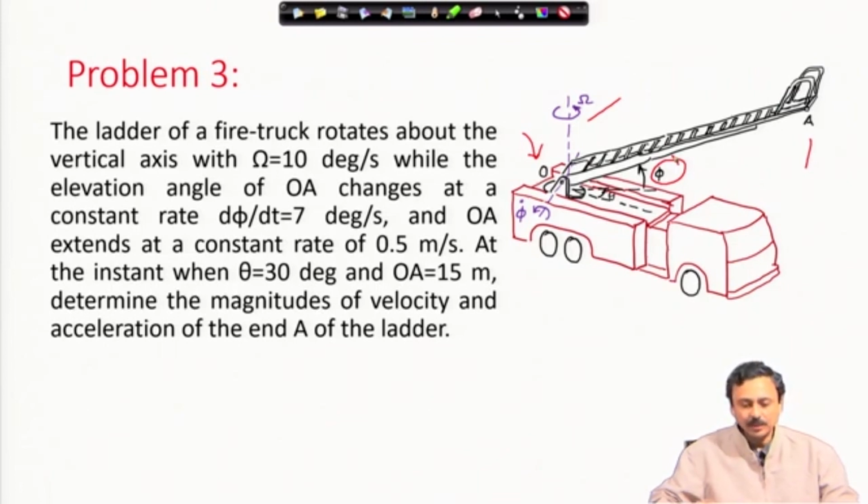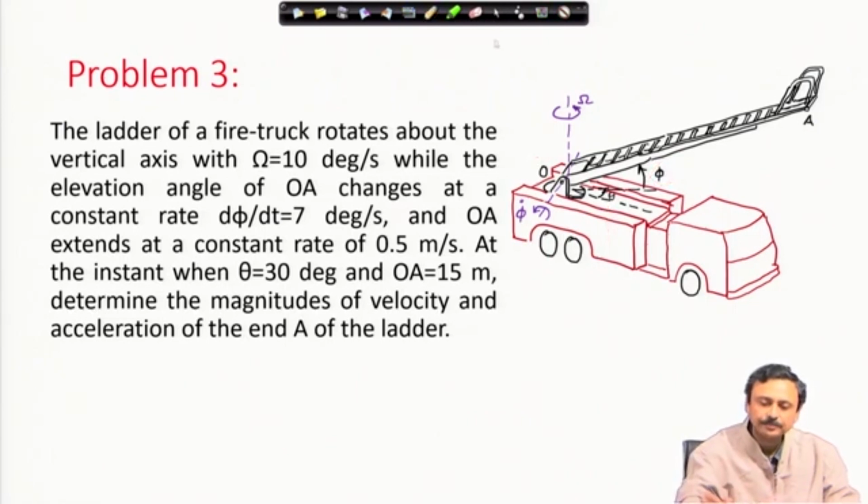At the instant when theta is equal to 30 degree, theta being the angle shown here, and OA is 15 meter, determine the magnitudes of velocity and acceleration of the end A of the ladder. So, we have to find out velocity and acceleration of this point A.